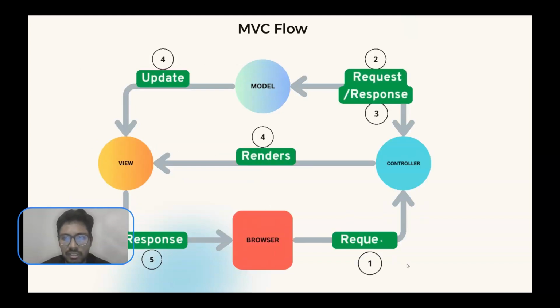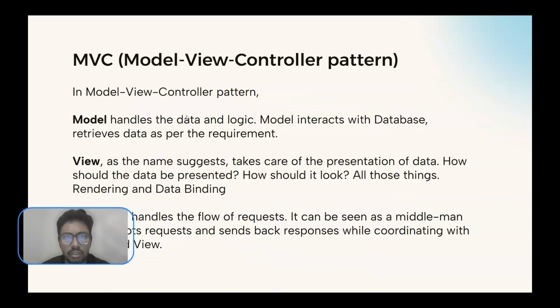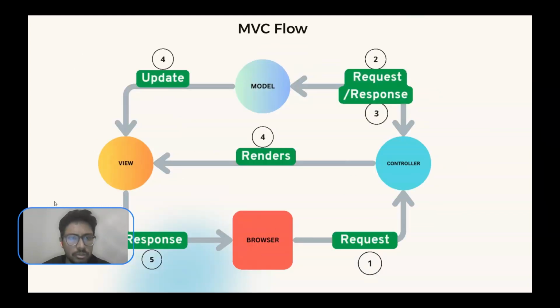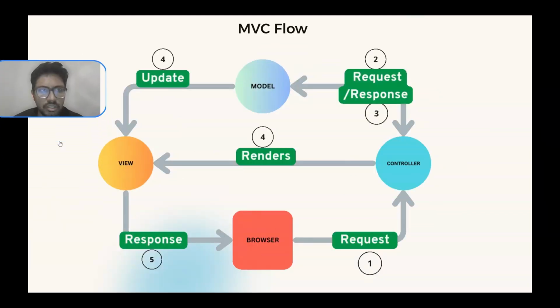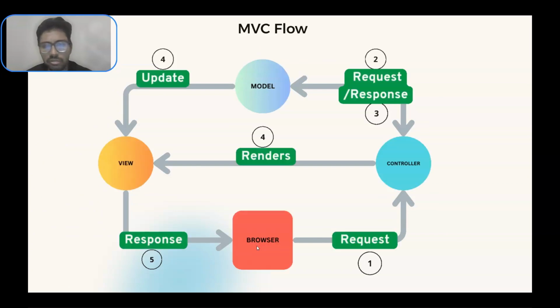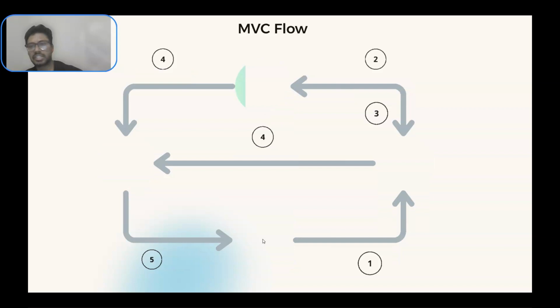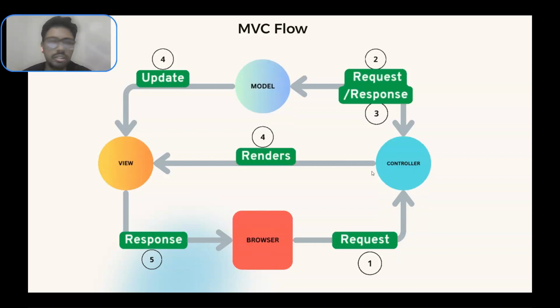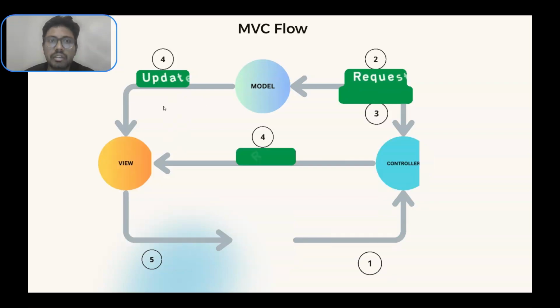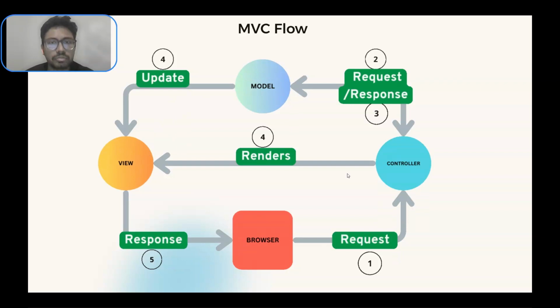So let's have a deep dive on what MVC looks like. The idea is you have a browser, which is the client, and which sends a request to your server. The controller is what receives your user request, and the controller interacts with the model and retrieves data or updates some data, and that in turn updates your view.